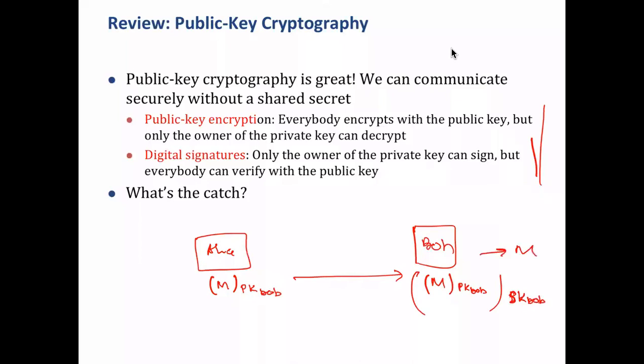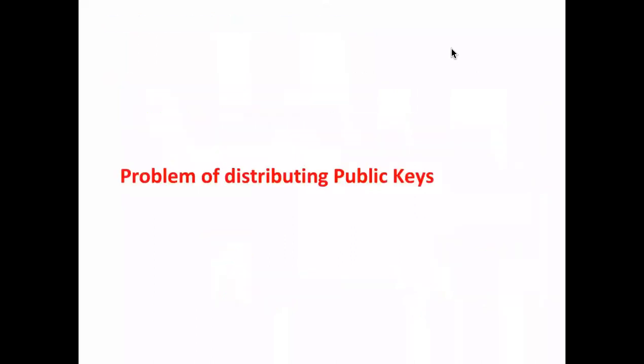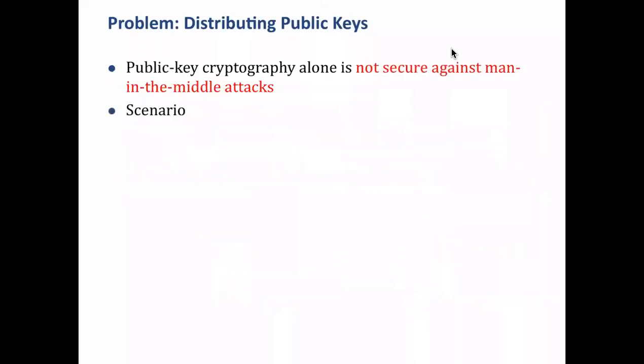The catch here is that Alice has the public key of Bob, which is the authentic one. Okay, now that is not always possible.